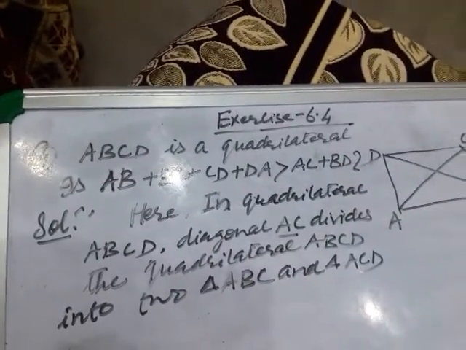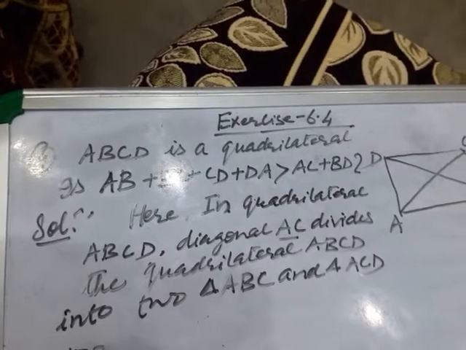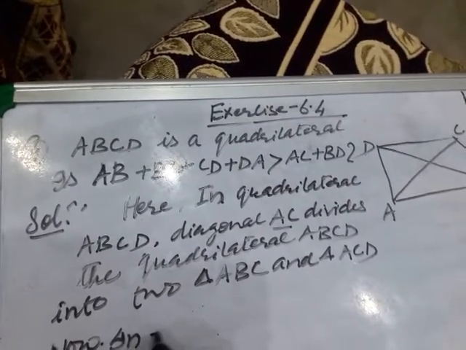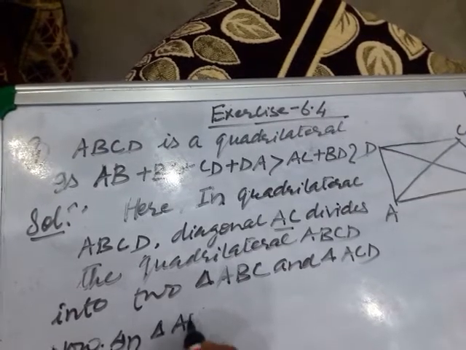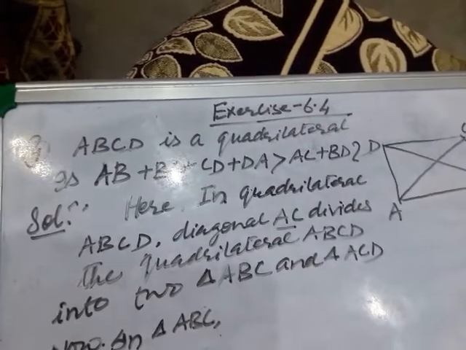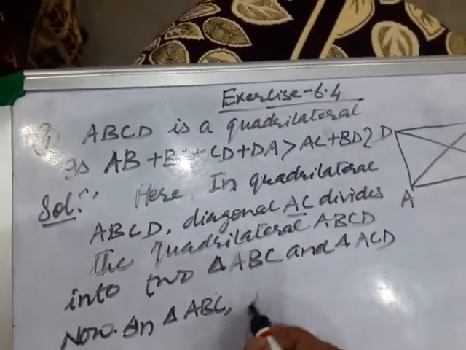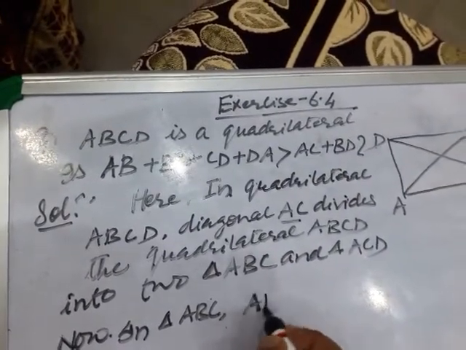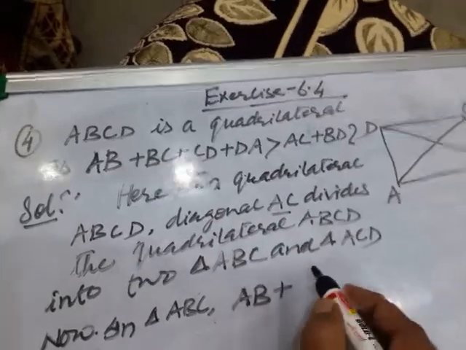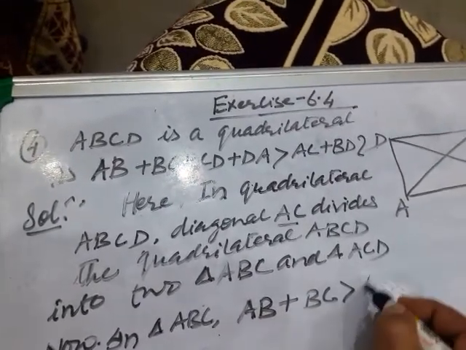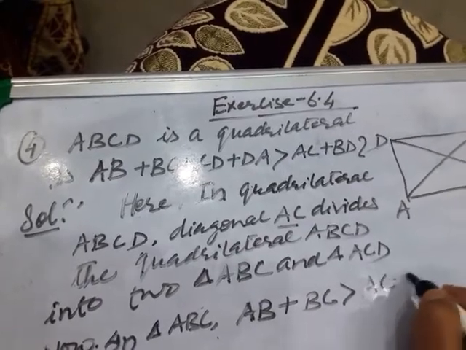Now in triangle ABC, what do we have? AB plus BC is greater than AC. Let it be equation number 1.